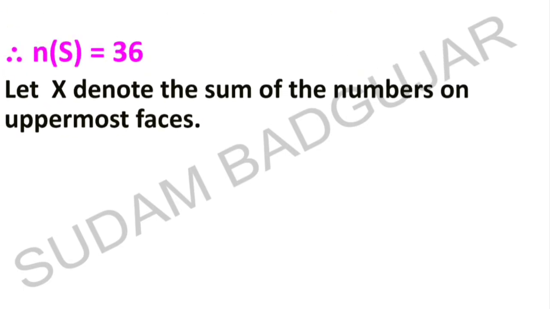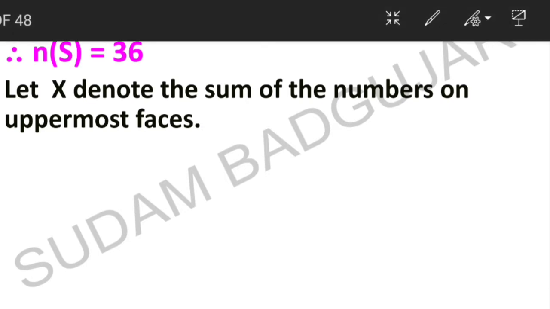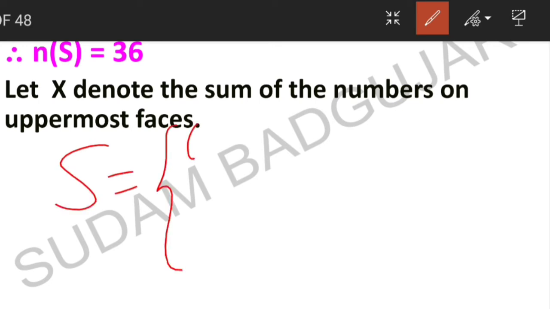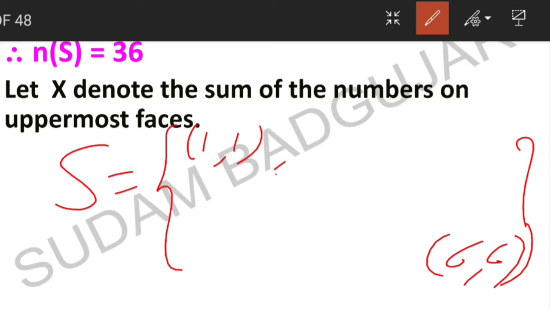Let X denote the sum of numbers on uppermost faces. See here, what is the sample space? Sample space contains (1,1). Minimum is (1,1) and last is (6,6). Here the first face shows 1, another also 1.